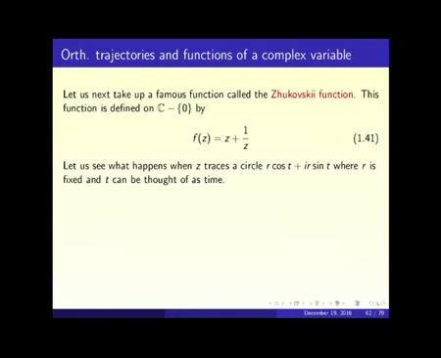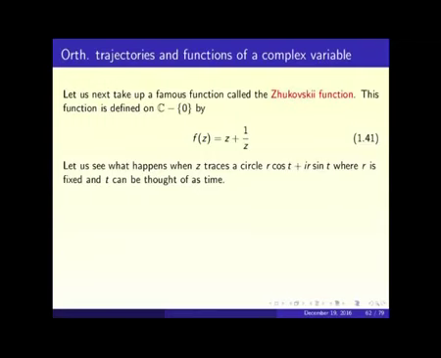Let us take another example from complex analysis. Let us take a function which is defined on C minus 0. What is this function? f of z equal to z plus 1 upon z. This function is defined on the whole of the complex plane except at 0, where it's not defined.